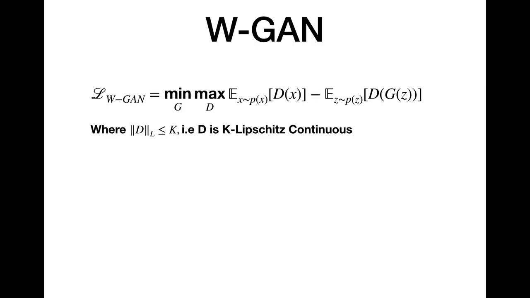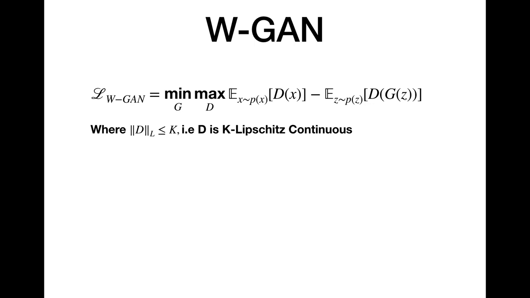Now, let's take a look at the WGAN setup. Much like the regular GAN loss, the WGAN loss is also simply just a minimax over the generator and the discriminator. However, unlike the typical GAN setup, the expectation terms no longer have a log inside of them.